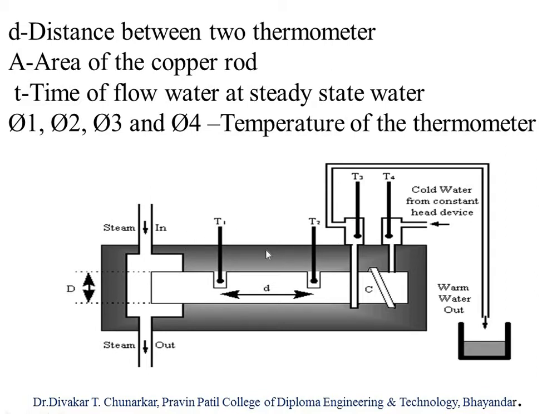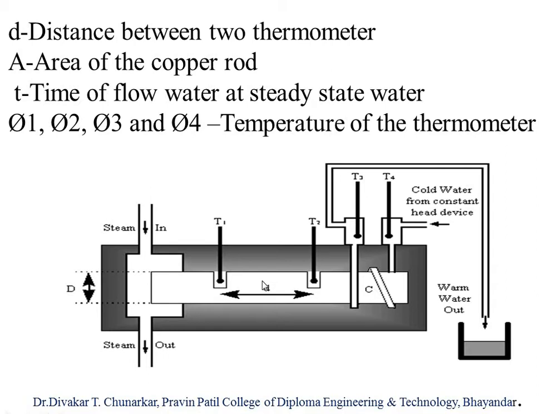So students, this is the assembly for the coefficient of thermal conductivity. This is the rod, a copper rod. Keep in mind, this is a hollow cylinder, not a solid cylinder. This is a pipe, and both ends of this pipe are completely closed.